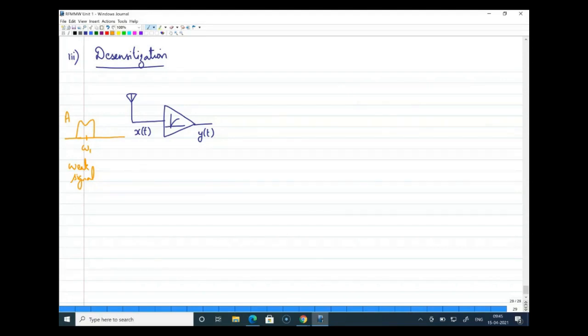But some other transmitter emitting very close to this is emitting a very strong signal, and I am marking that strong signal here, say at another frequency called omega 2.